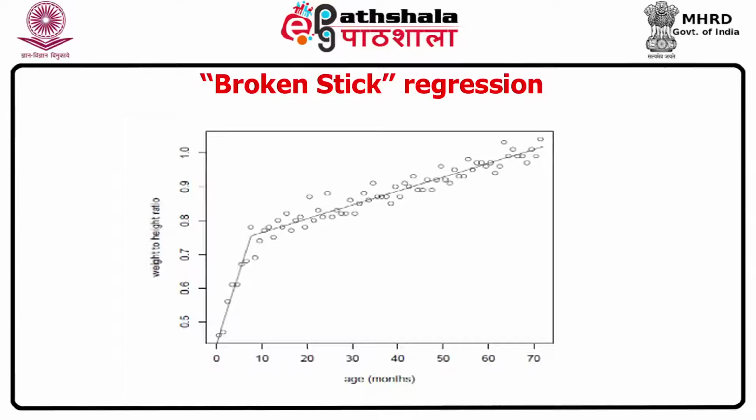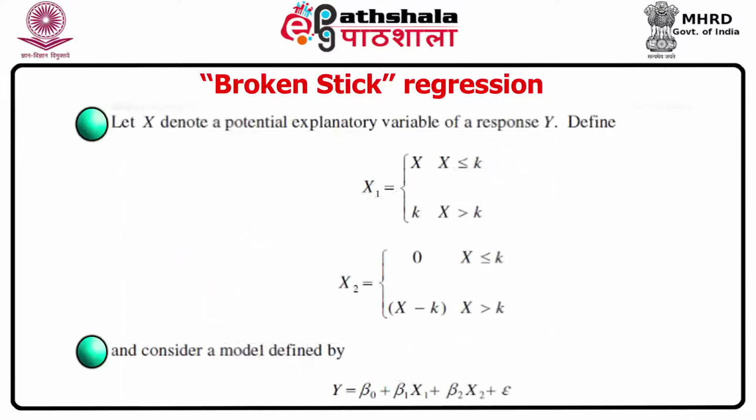So here is an example of a broken stick where up to the value of about 10, my predictor is increasing at a very fast rate, and beyond the value 10, it is still increasing linearly but at a relatively slow rate. As I said before, broken stick regression can be fitted using the linear model.